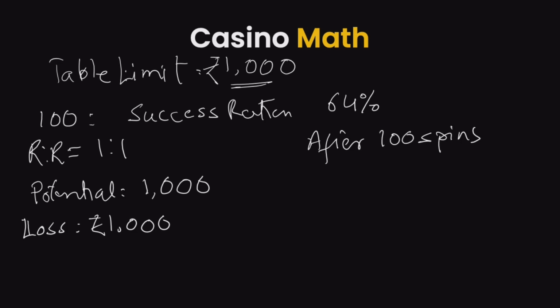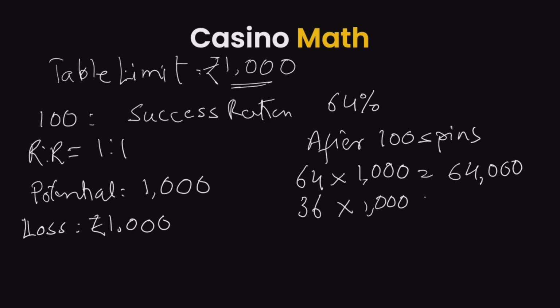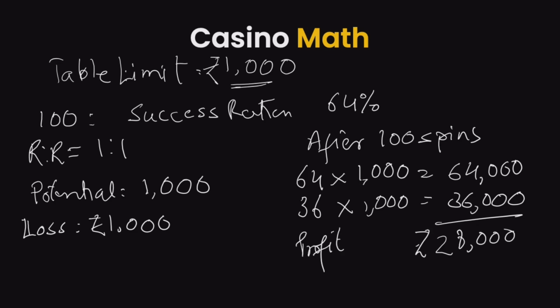Well, after 100 spins, they have 64 winning spins, and they will win 1,000 rupees for each of those, giving them 64,000 rupees. And the loss after each of these 100 spins will be 36% risk that they had. Again, they will lose 1,000, giving them a loss of 36,000 rupees, which translates into about 28,000 rupees of profit. That is how it all comes together.